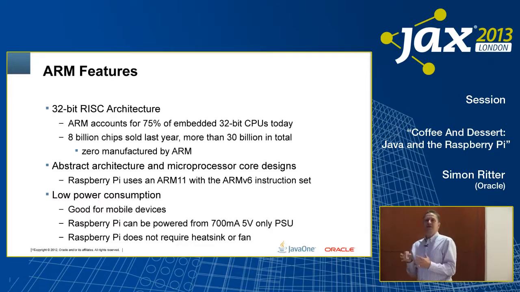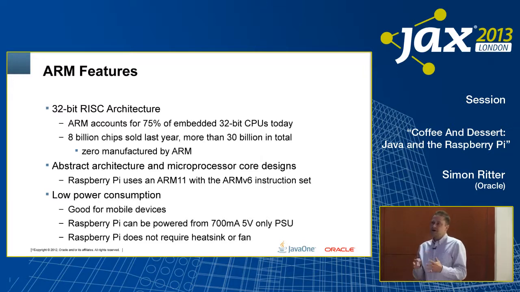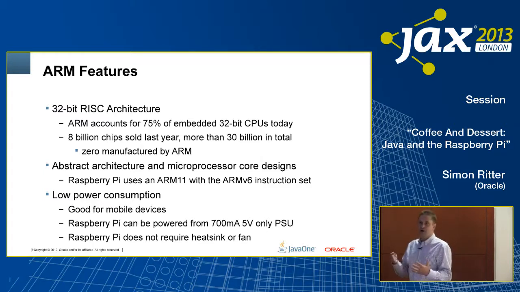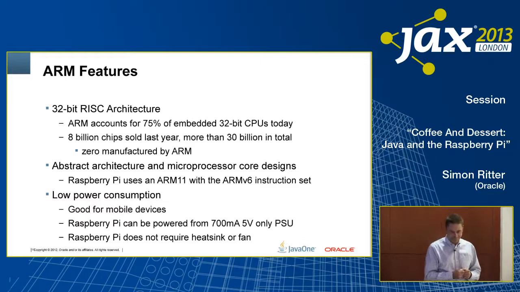One of the really good things about the ARM designs is that they are very low power. They're designed for mobile devices, so the power consumption is very low compared to the typical desktop or laptop processor.